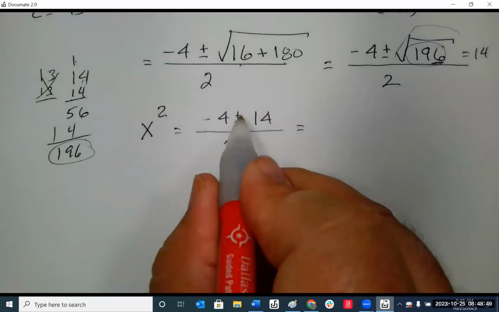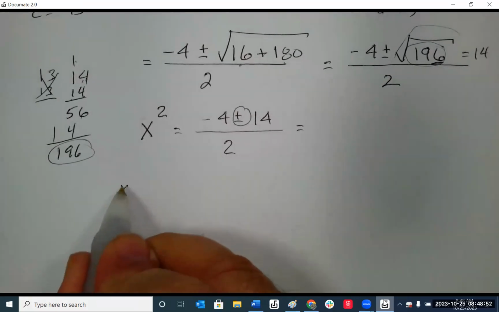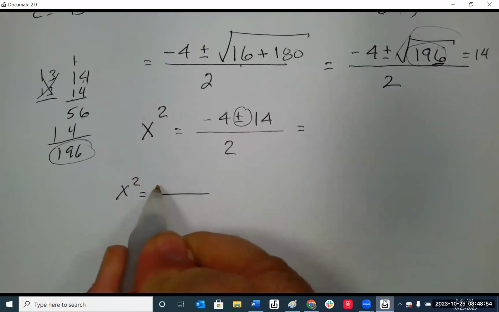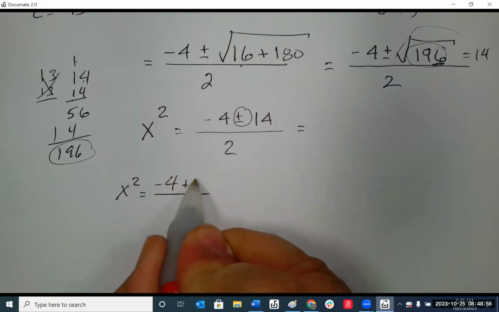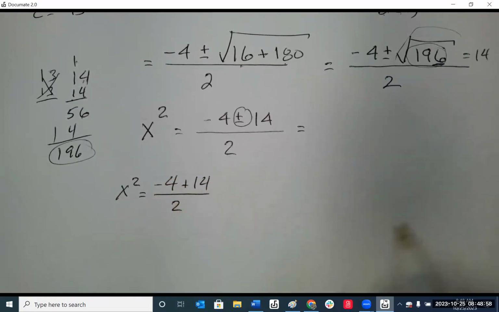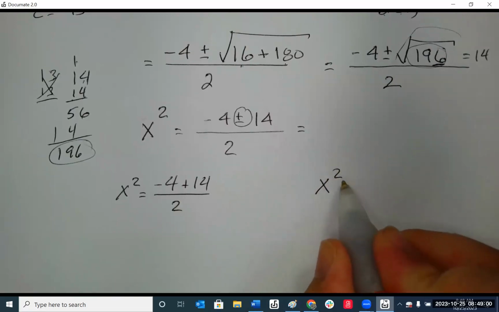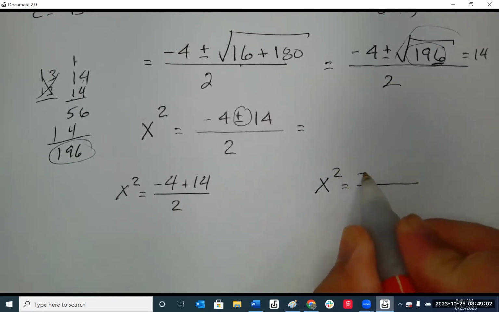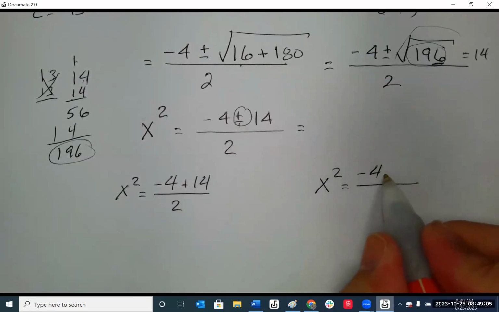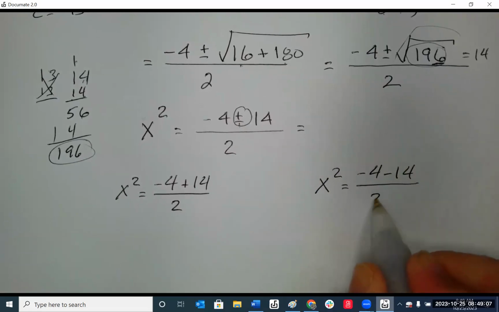So because of that, we have x squared equals -4 plus 14 over 2, and x squared equals -4 minus 14 over 2.